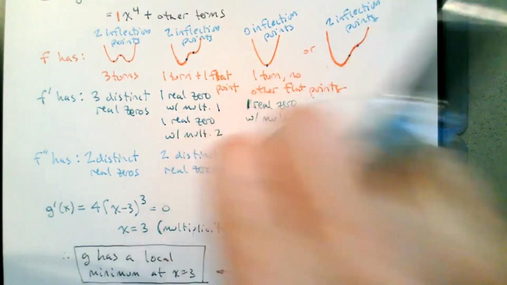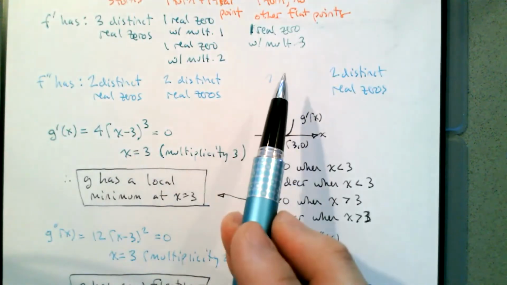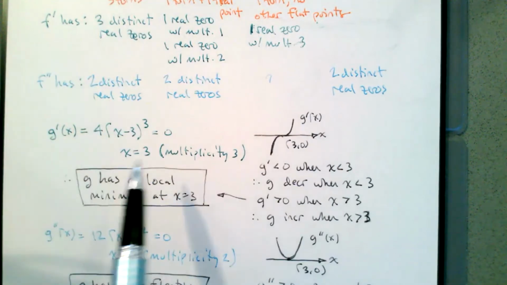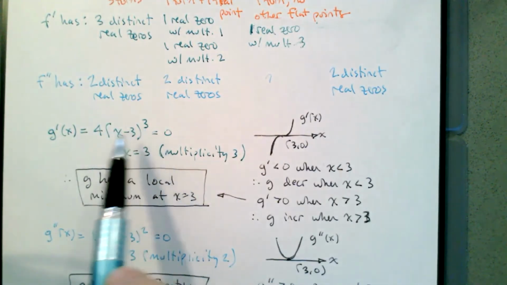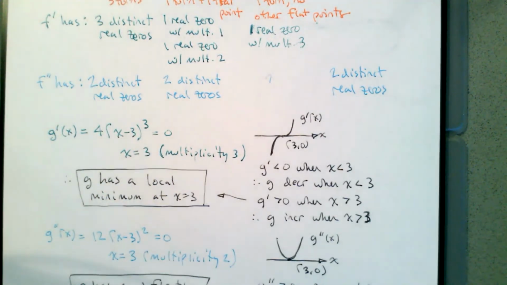because g prime with the one real zero with multiplicity 3 came from an x minus 3 to the third. And if there's an x minus 3 to the third in g prime, g double prime will have an x minus 3 squared.